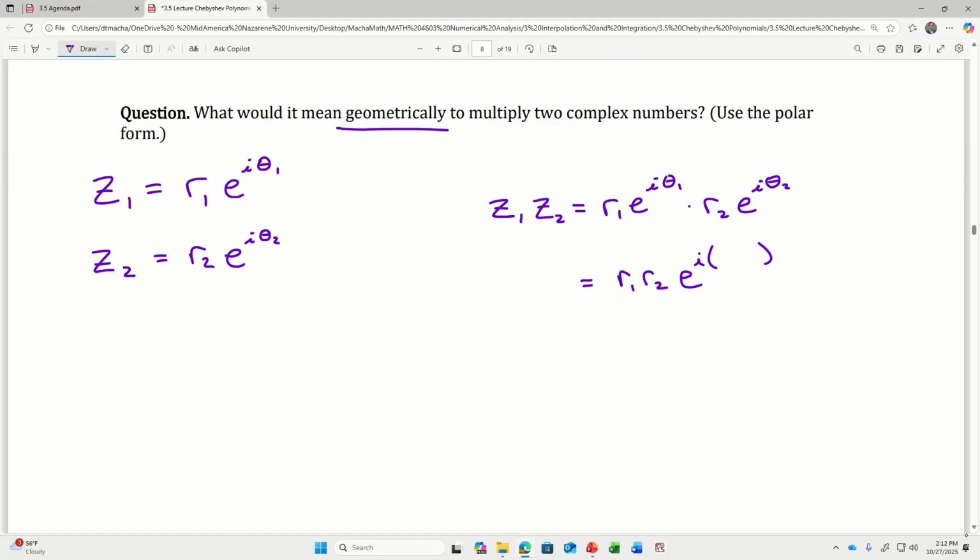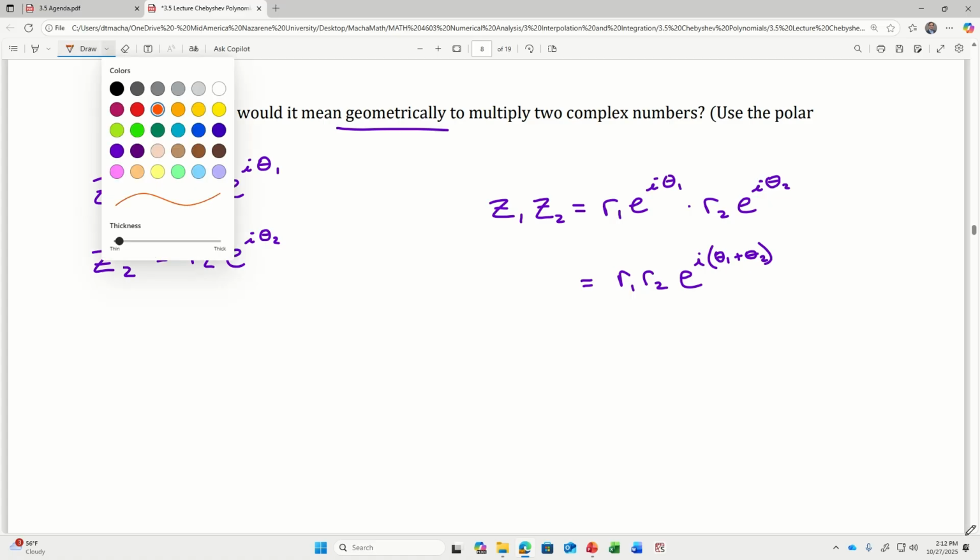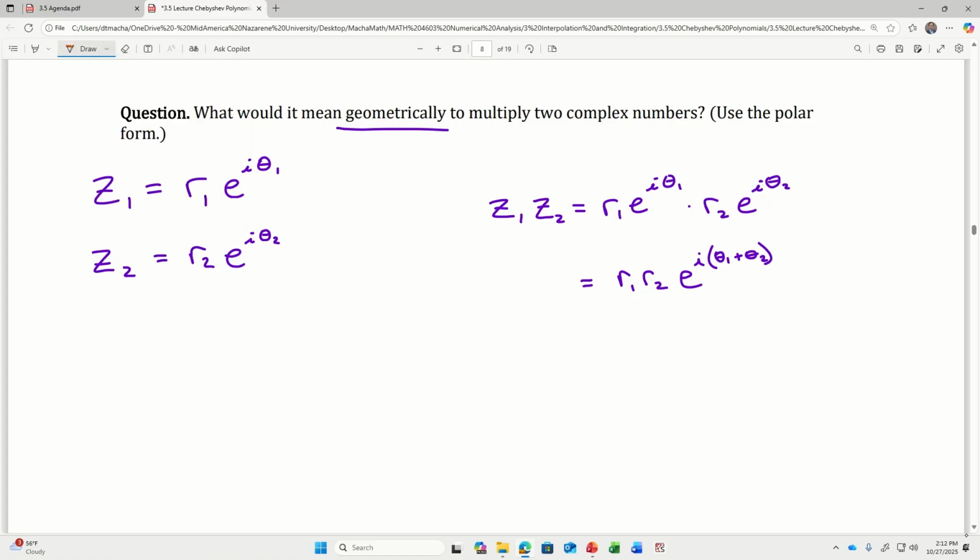So Connor remembers his properties of exponents. So the product has an absolute value, right? Let's call the product z3. Why not?